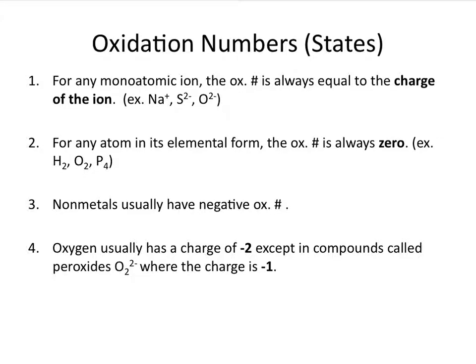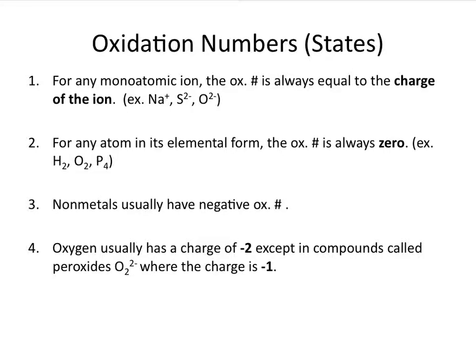These numbers are a simple bookkeeping system that allows us to identify the most likely oxidation state or oxidation characteristics of specific atoms in compounds. Remember, this is an imaginary system, but it works very well for identifying the items being oxidized and reduced in chemical processes.